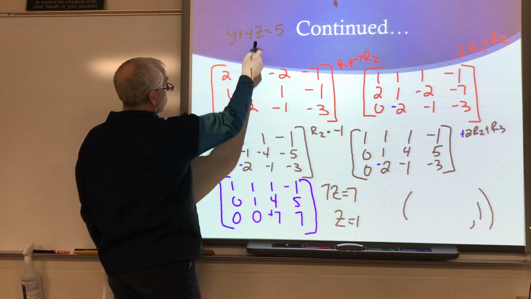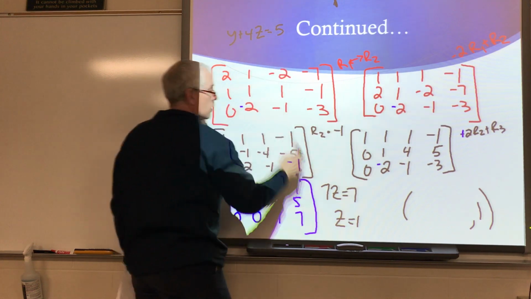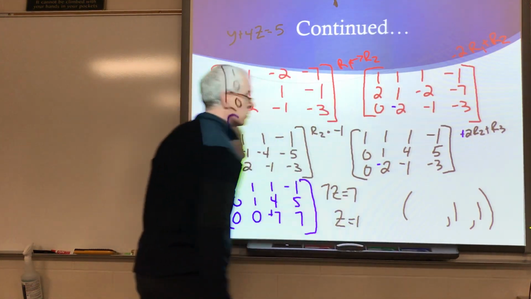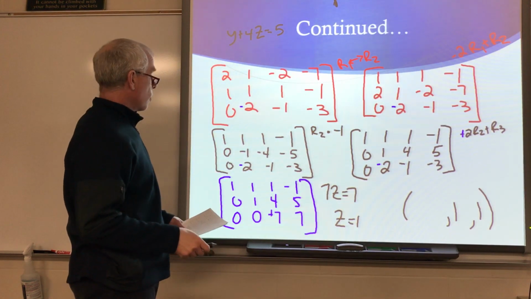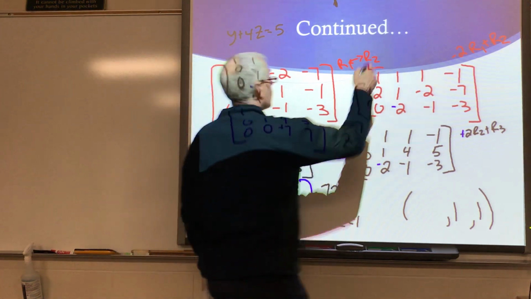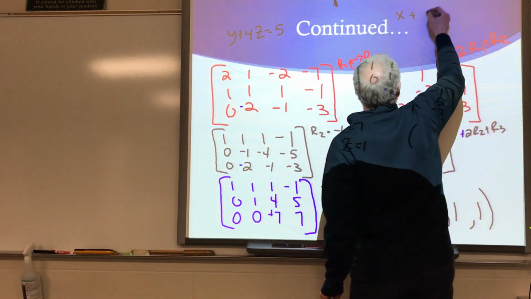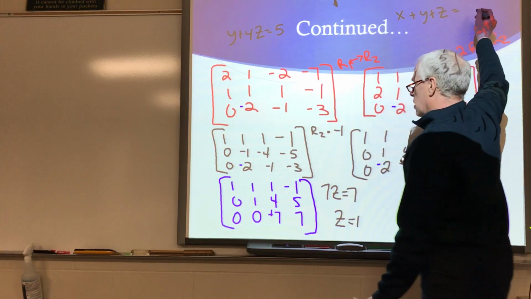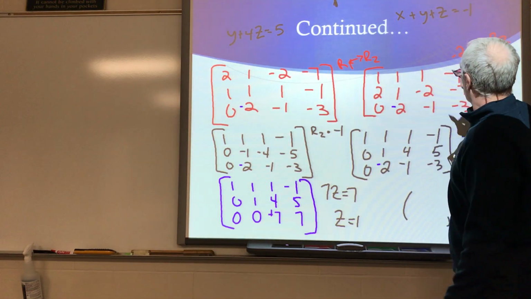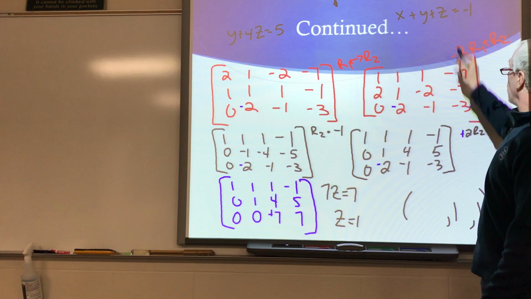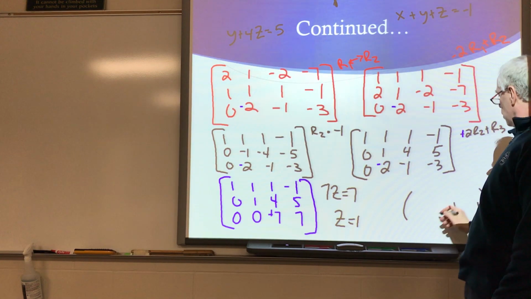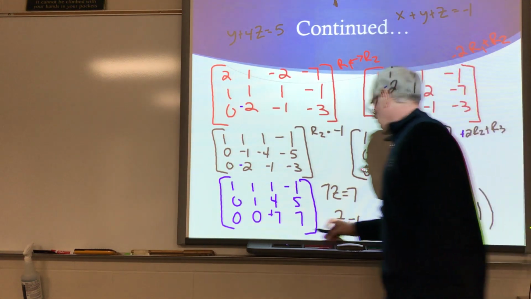Well, if z is 1, that's a 4, subtract a 4, we get a 1 here too, okay? And then I go back to the first equation where I've got x plus y plus z equals negative 1, okay? Well, y and z were 1, so 1 plus 1 is 2. I subtract 2, and I get negative 3 down here.